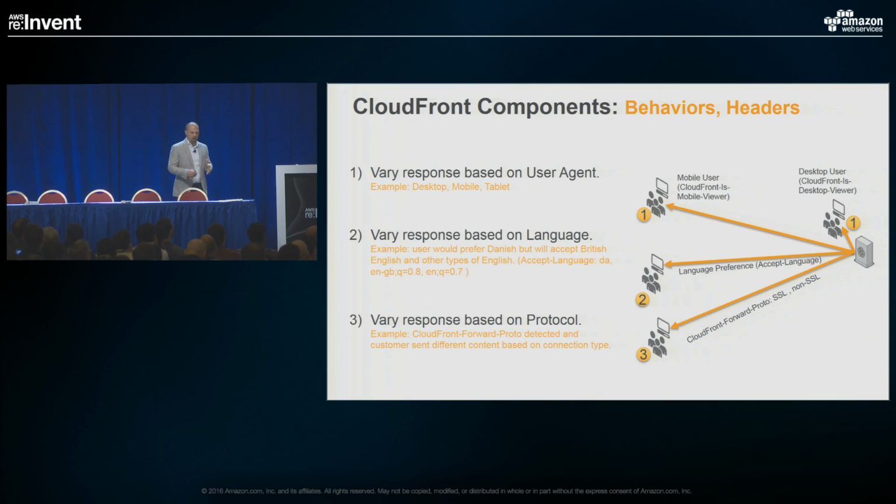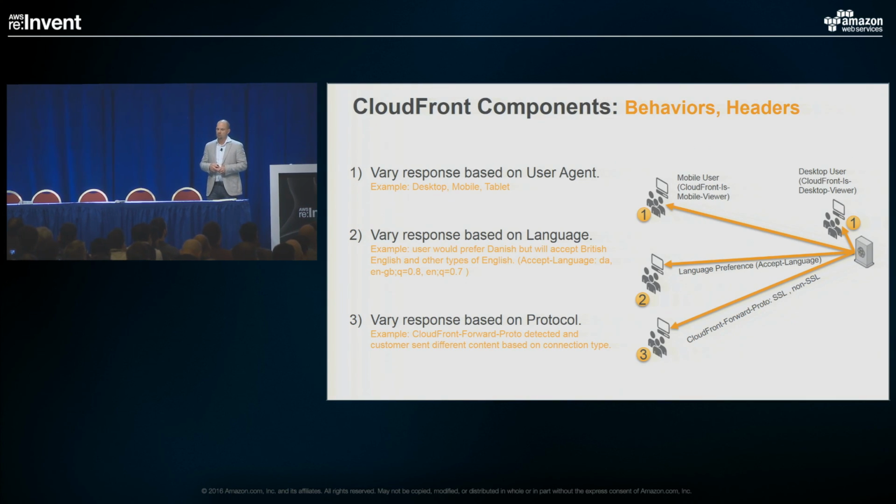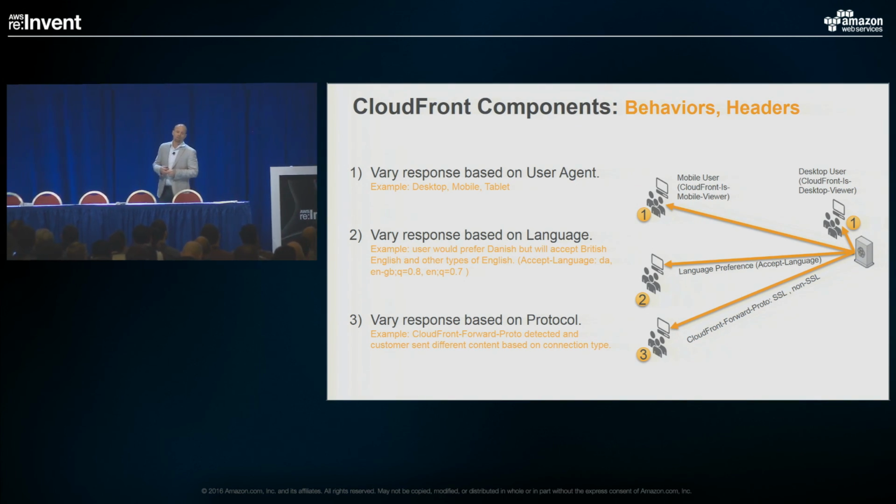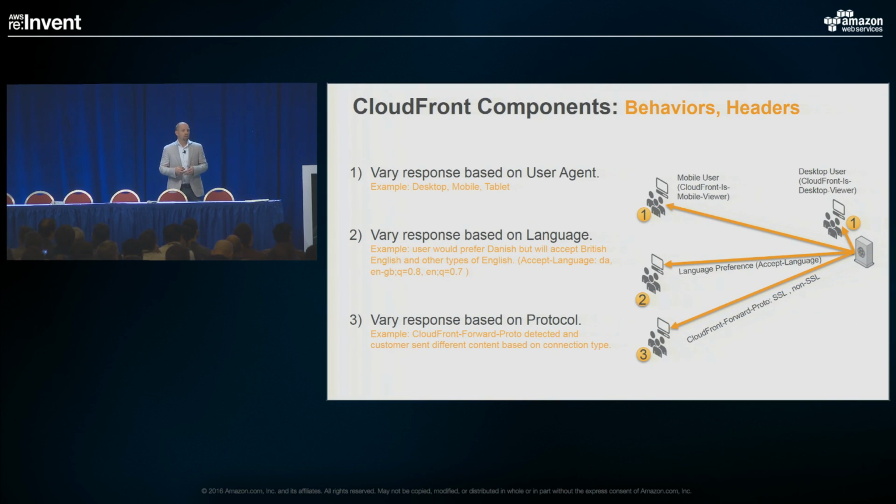So let's go over an example of how you would change a request or vary a response based on headers. In the first example here, I'm varying based on a user agent. We have built into CloudFront a detection of the user agent, so whether it's a mobile device, a tablet, a PC, or a smart TV.